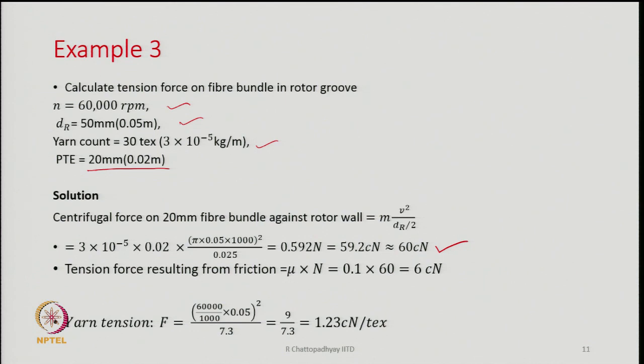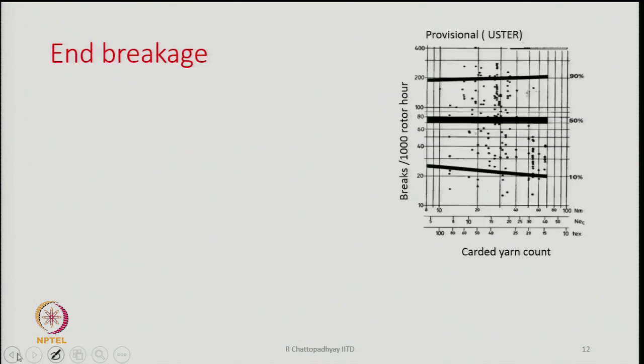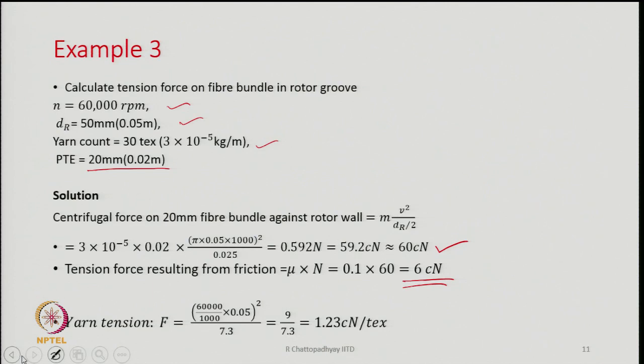This is centrifugal force. Tension force resulting from friction is 6 centinewton. The mu value has to be given. So, the value of mu is 0.1.